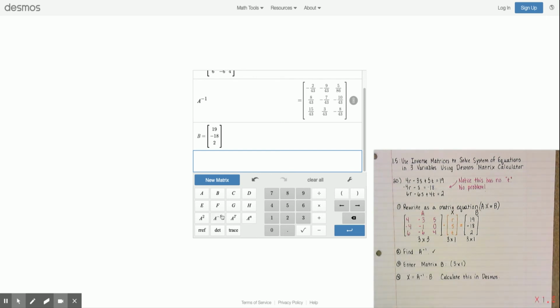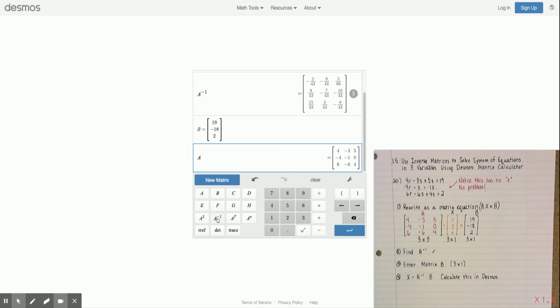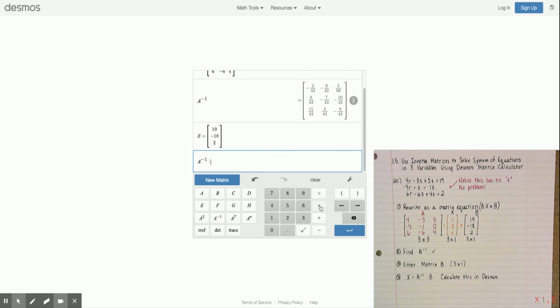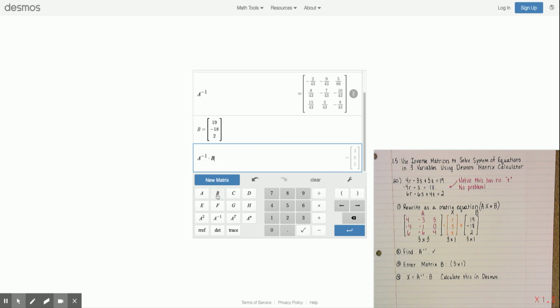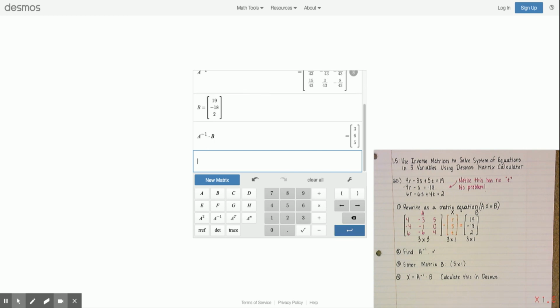All right, so this only takes pressing A and then pressing the inverse. Multiply, don't worry about making it a fraction here, just go ahead and multiply by our matrix B and then press enter. Okay, so now we have our R and our S and T, which is 3, 6, and 5.